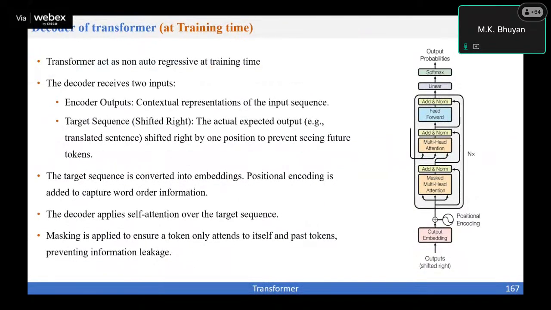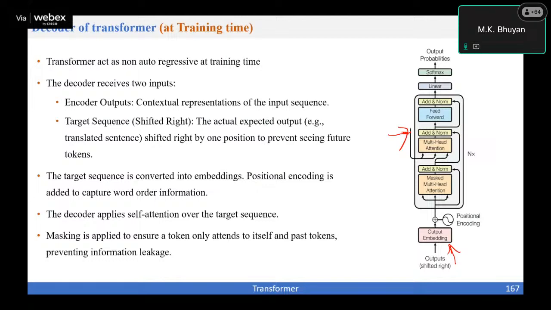And in this part you can see the decoder receives two inputs. One is the encoder output; you can see one connection I have shown, coming from the encoder, and this other input is also coming. So the encoder output we are giving to the decoder, and the target sequence also we are giving.